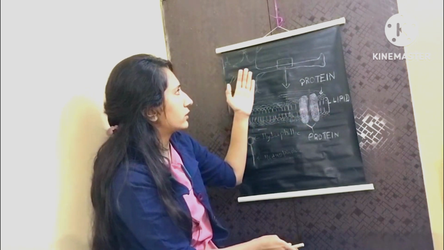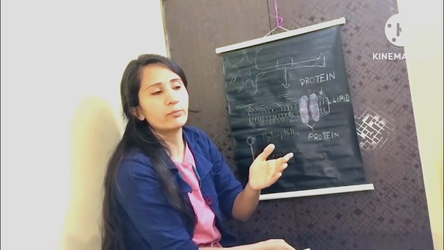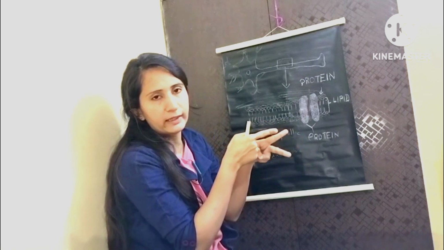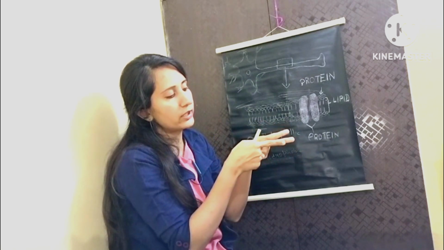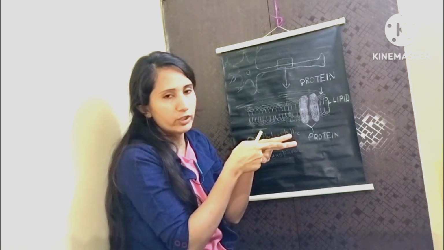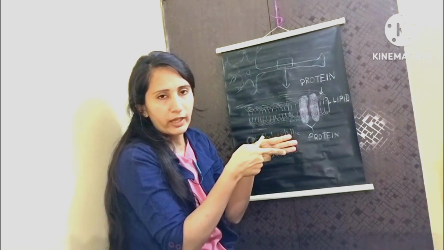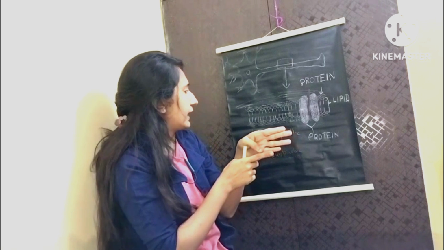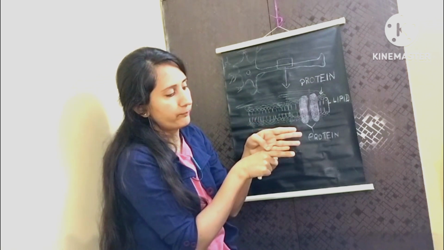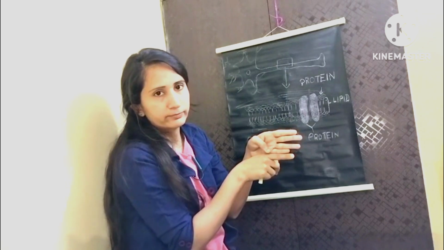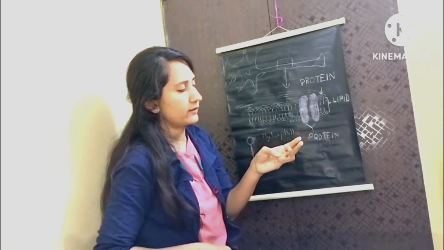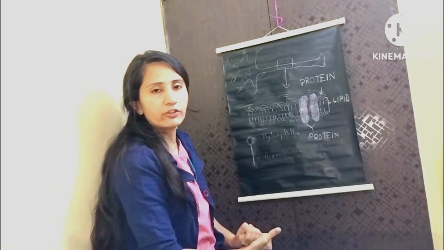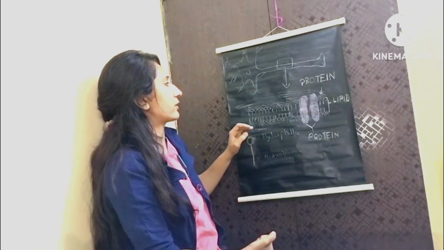So if I see this plasma membrane under the microscope, I will first come across the protein layer, then the hydrophilic end of the phospholipid, then the hydrophobic end, then again the hydrophilic end, and again the protein layer. So this way these protein and lipid molecules are arranged inside the plasma membrane.